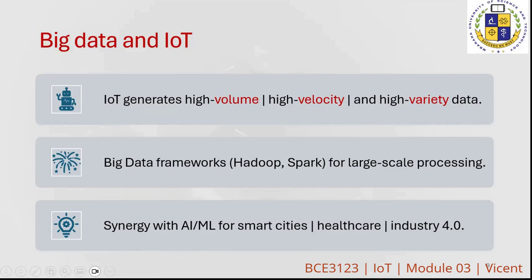For example, there's Hadoop, the cloud framework for big data, and there's Spark. These do what you call large scale processing, and they have huge servers that can help you. Nowadays they also have AI integrated within them, so it is very easy for you to make decisions out of your data.